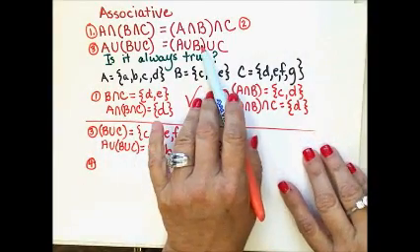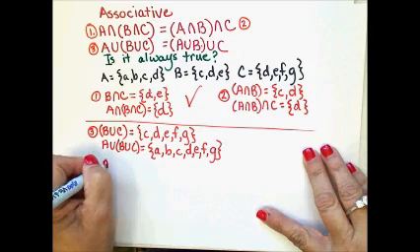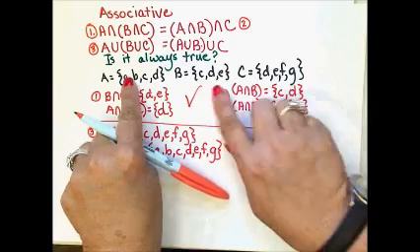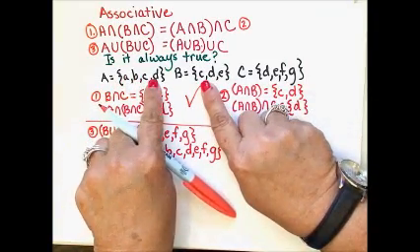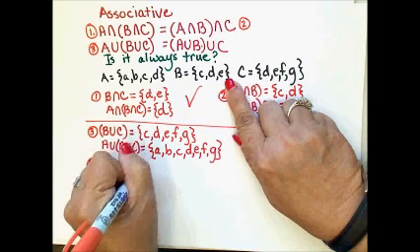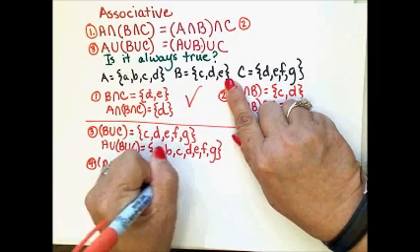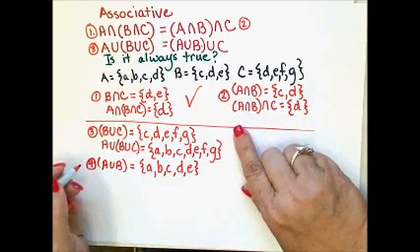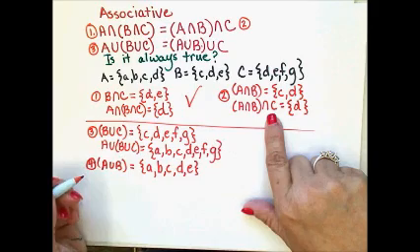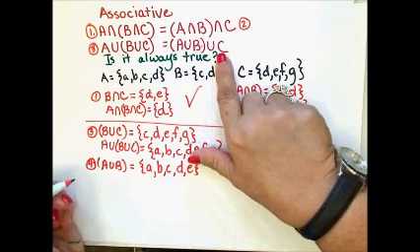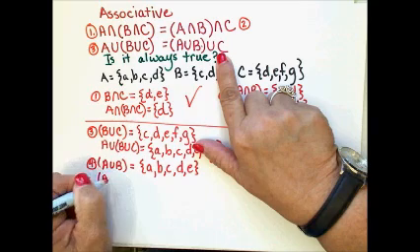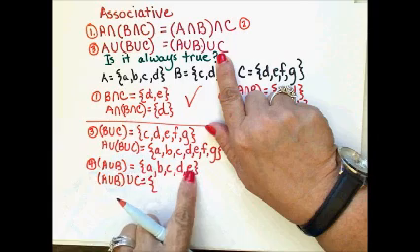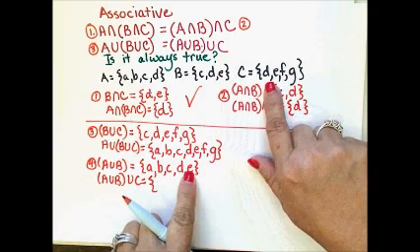Alright, so we're going to do A union B first. And A union B is A, B, C, D, E. Okay, then we're going to take that and union C. Alright, so we're going to take this one and we're going to go with C. So here, it's everything that's in both.